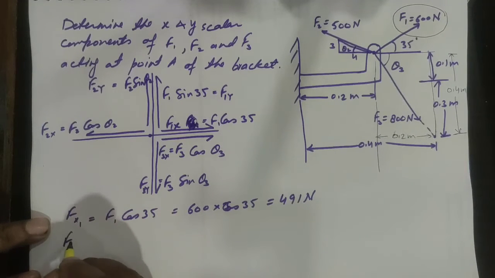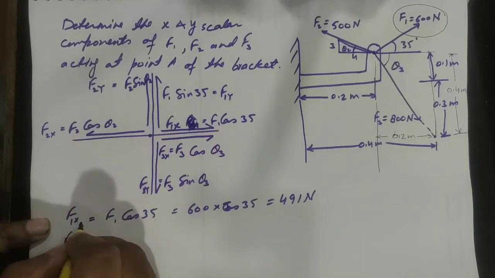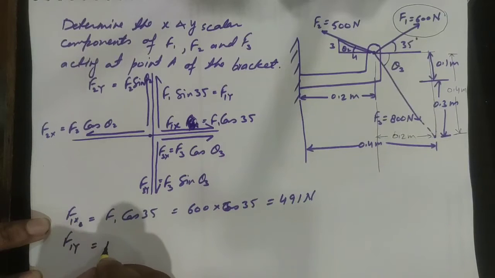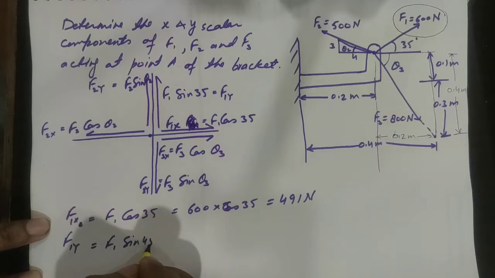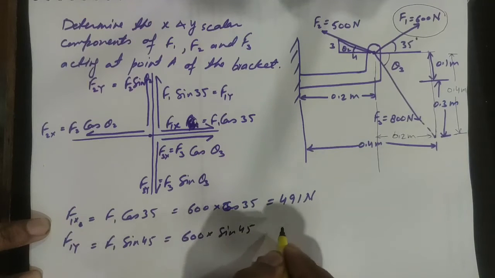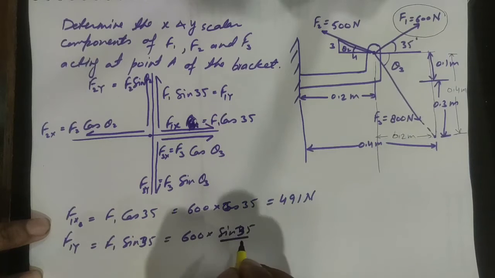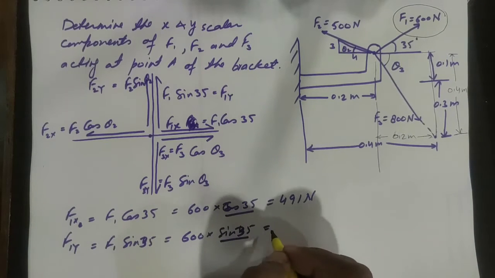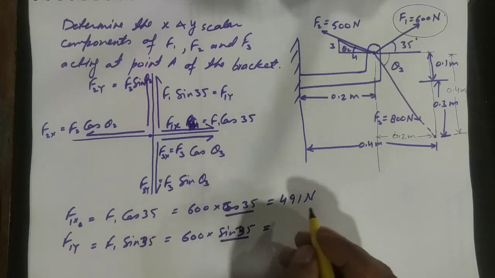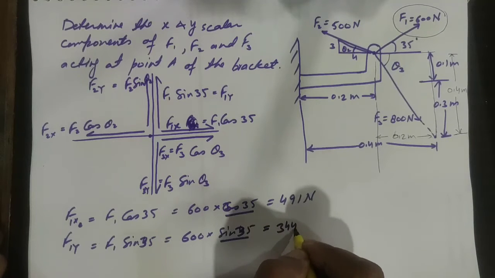If we are calculating f1y, this is equal to f1 sin 35, that will be 600 into sine 35. That value we will put with the help of the calculator. So 600 into this, that will become 344 Newton.